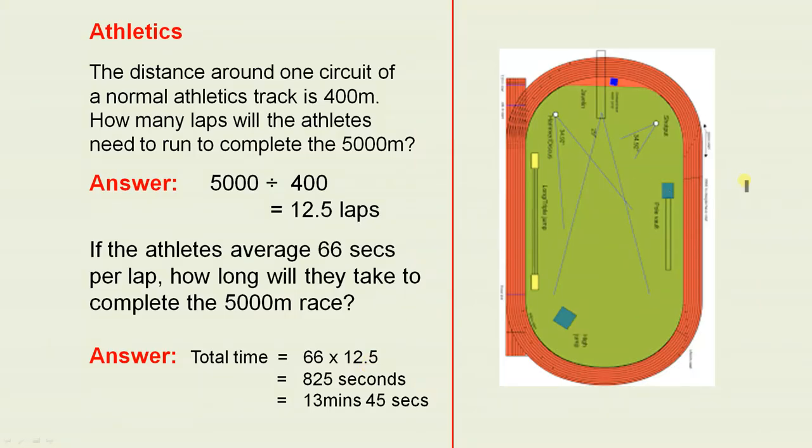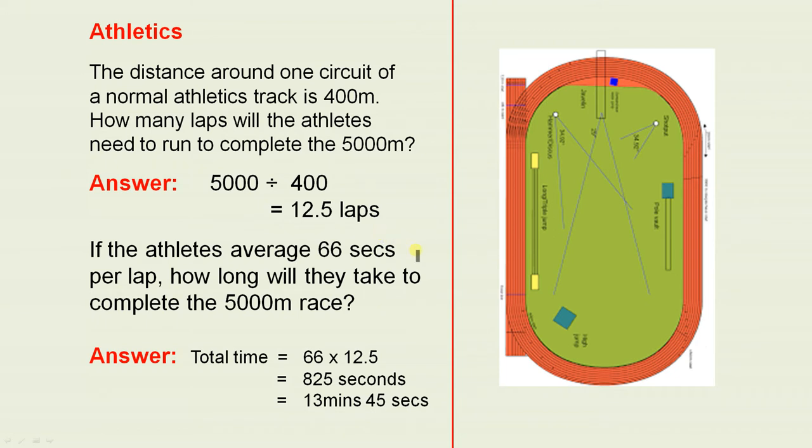Here is a problem about an athletics track. The distance around one circuit of a normal athletics track is 400 metres. How many laps will the athletes need to run to complete the 5,000 metres? Now the answer, if they're running 5,000 metres and each lap is 400 metres, we have 5,000 divided by 400, which gives us 12.5 laps.